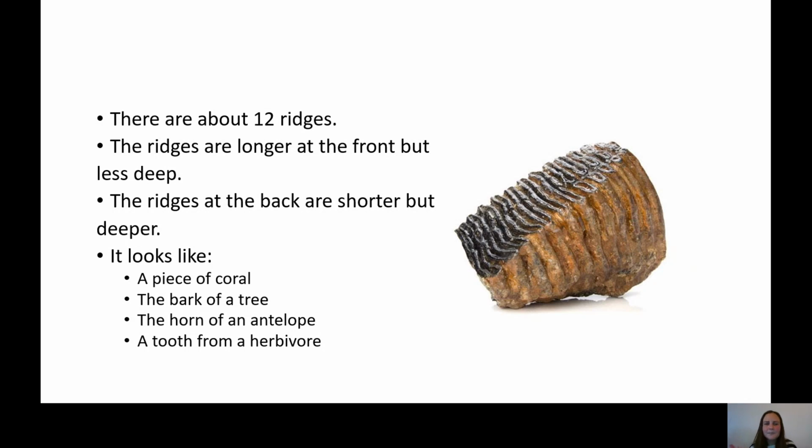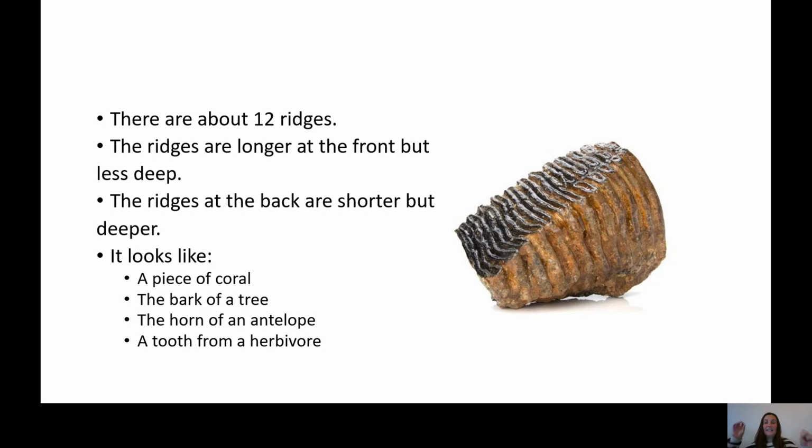And then I started to think about, what does this look like? Could it be a fossilized piece of coral? Because I was thinking about the way coral moves under the sea and the wavy aspect of it, possibly. Or some other sea plant, I was thinking. Then I looked at it again and I was like, maybe it could be the bark of a tree, like the imprint from the bark of a particular type of tree. The horn of an antelope, and you might be thinking, oh, it doesn't really look like a horn, and you're right.